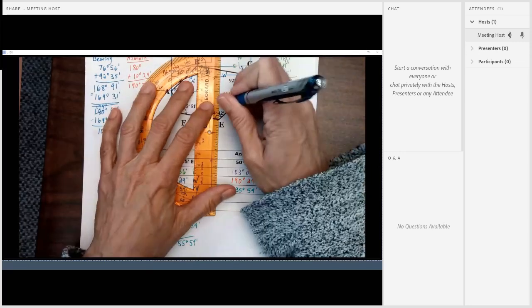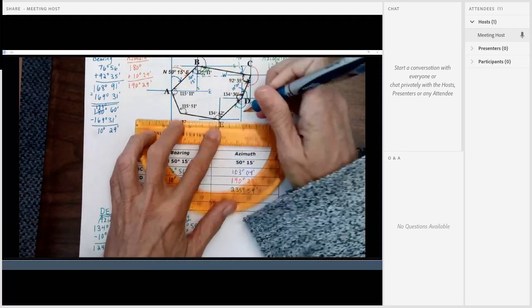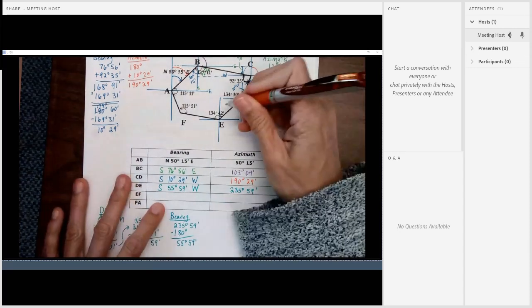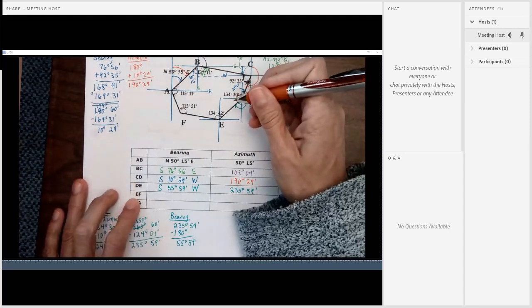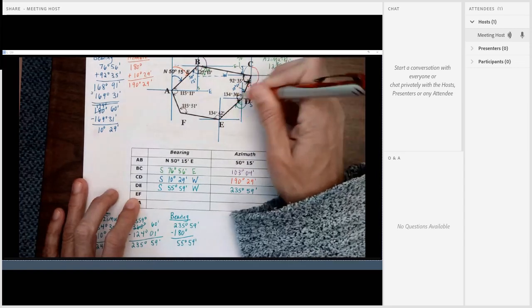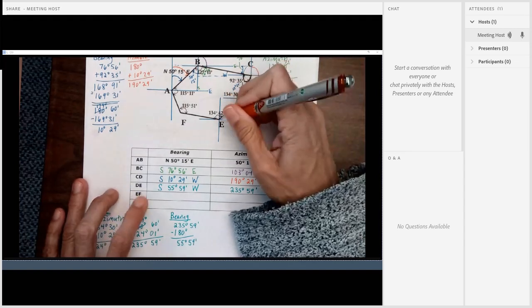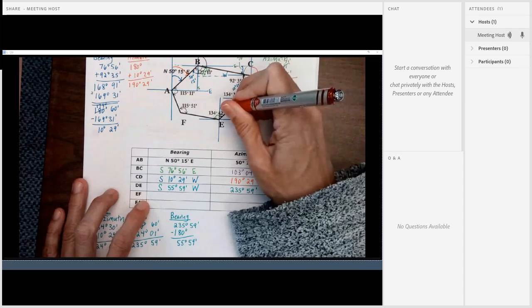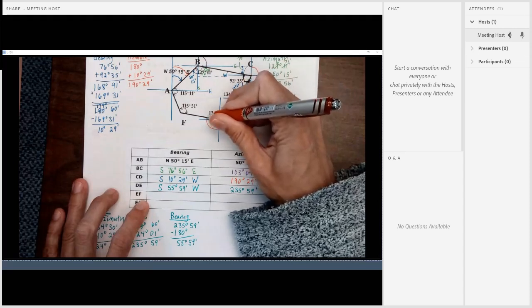Put my coordinate grid there. All right, again, where is my bearing? Where is my azimuth here? So I'm going to go ahead and take a look at what's happening here from my line. Remember, I am going to EF. So don't get yourself confused here and go down to DE, which would be back bearing ED. We want to go all the way around to EF. So if I'm starting here at the north for my azimuth, I'm coming all the way around to that line.